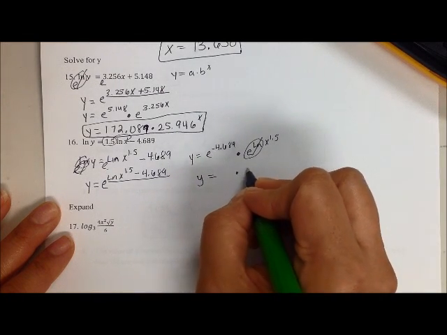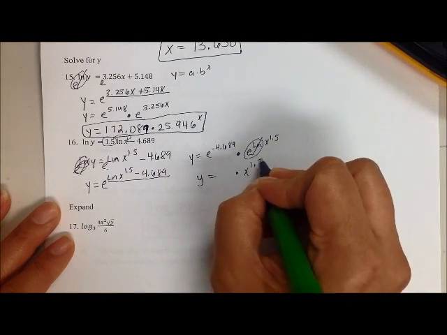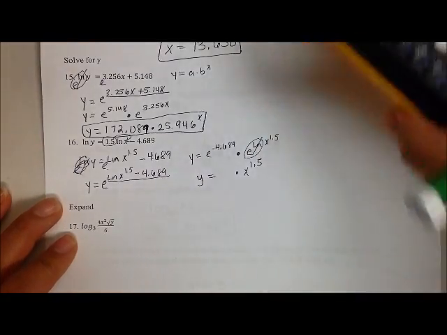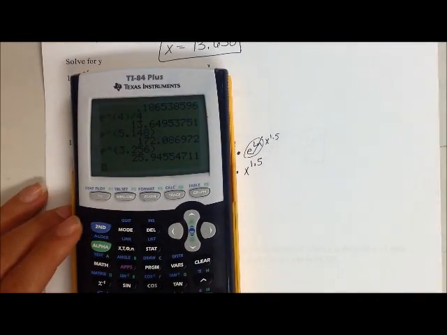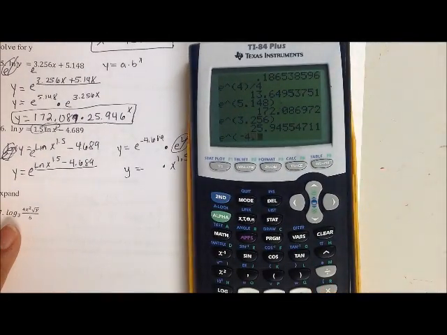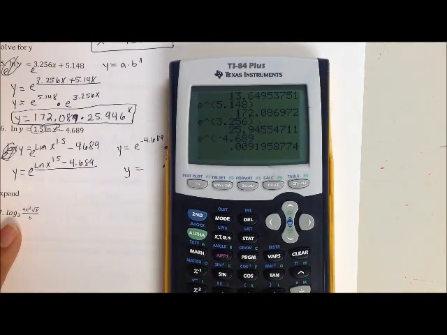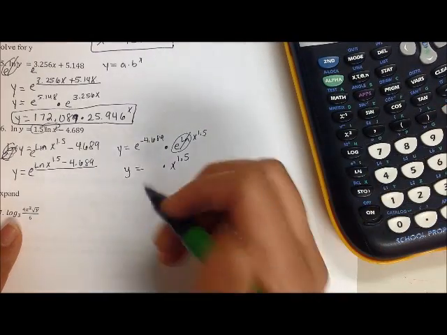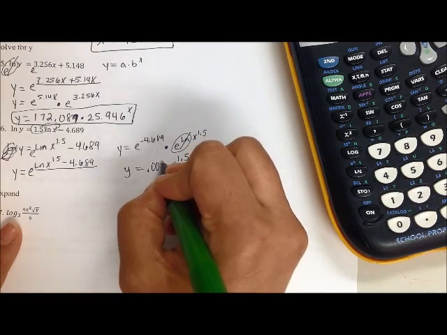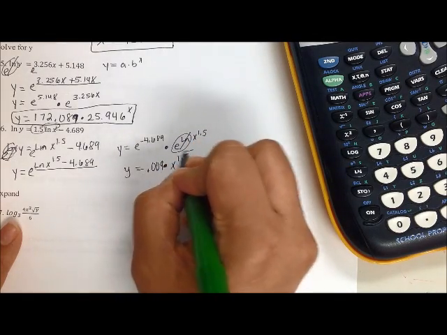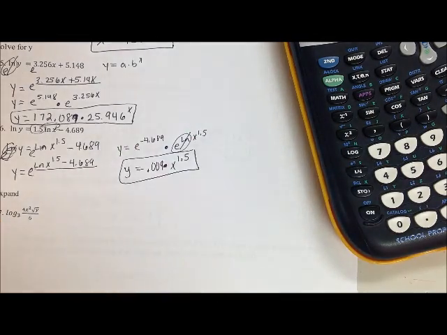So this is going to be something times x to the 1.5. But what is that something? Well, we'll go to e to the negative 4.689. We get it, and we get a 0.009. 0.009 times that. So that would be your answer right there.